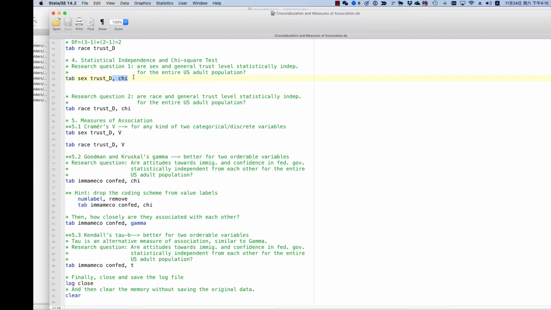For example, if we want to test whether sex and general trust level are statistically independent for the entire US adult population, we can list a cross-tabulation of respondents' biological sex and the dummy variable of trust we generated last time, followed by the option chi. So how about we highlight row 59 and click on the Do button.